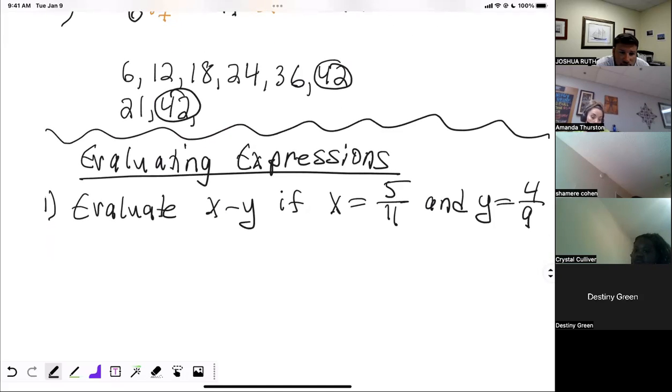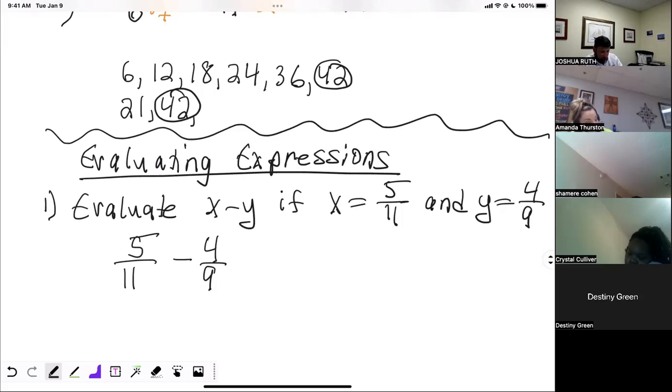So we're gonna substitute in. We're gonna go x is 5/11, 5/11 minus y is 4/9. So it's everything we've been doing, just in evaluate form. Now we're gonna find the common denominator. 9 and 11, that's a little tricky.